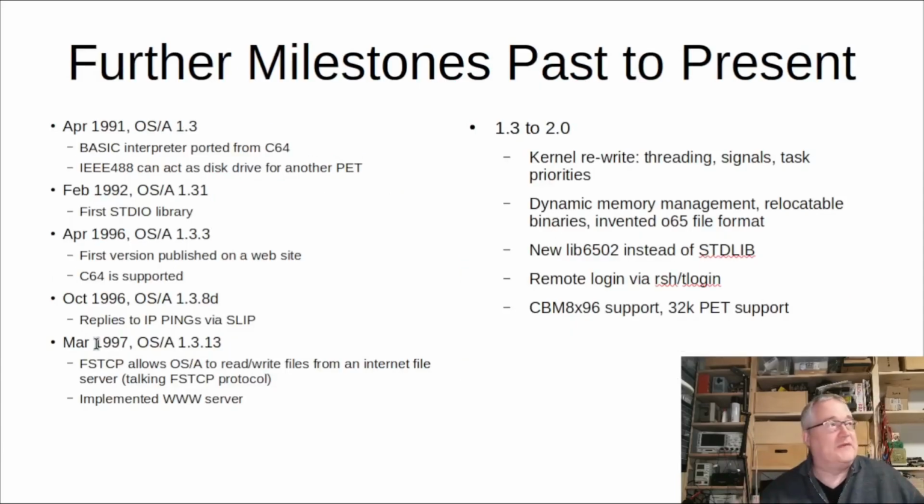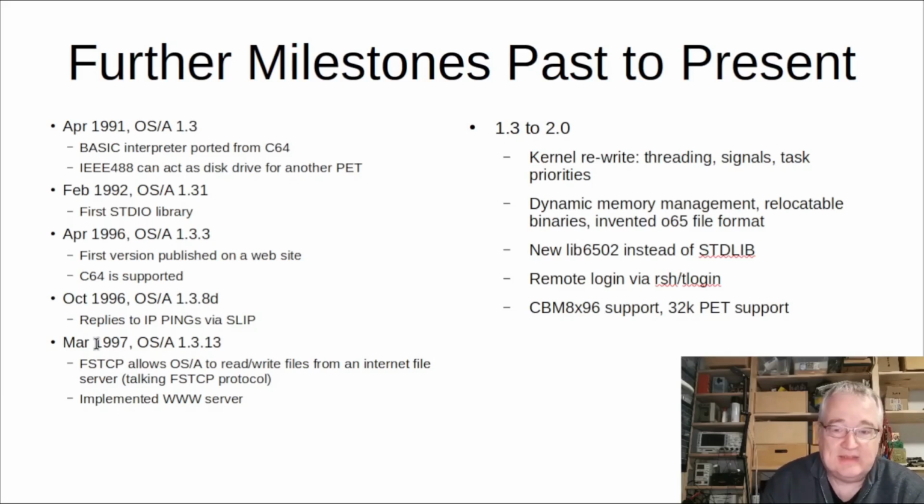So that was the first version of GeckOS, and further milestones. The system can work as a disk drive for Commodore PET or Commodore 64. So you can use the file systems in GeckOS as disk drives on a C64 or PET attached to the GeckOS machine on the IEEE 488 bus for the PET or the IEC bus for the C64.